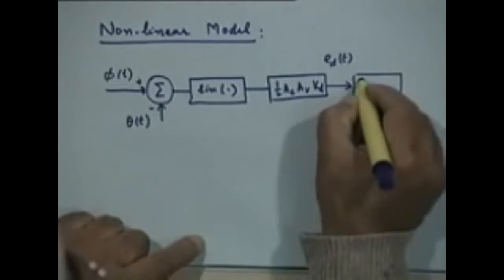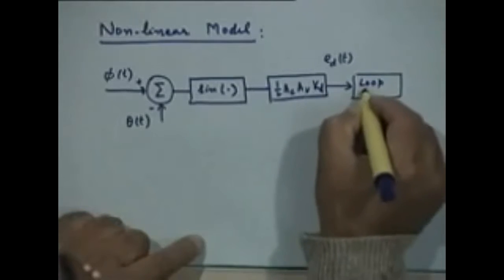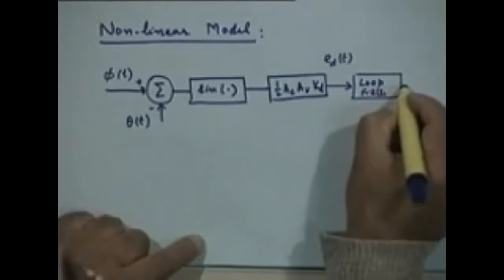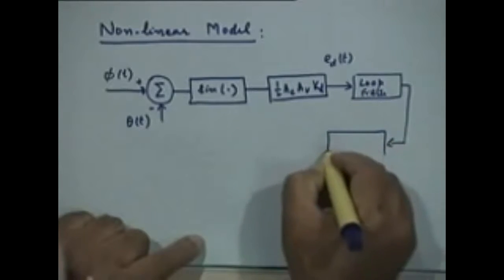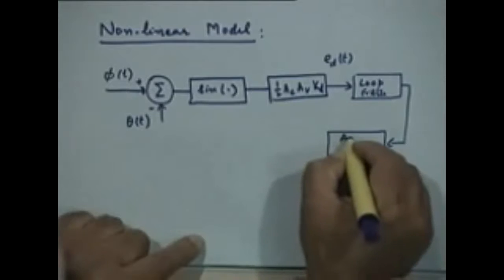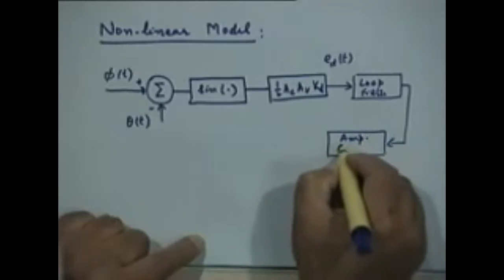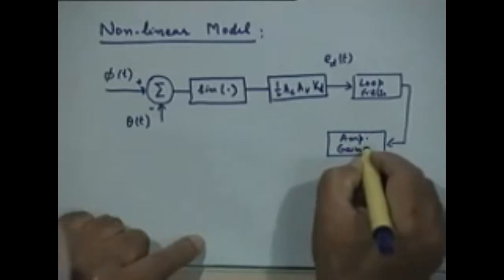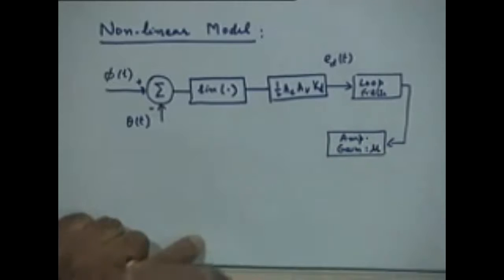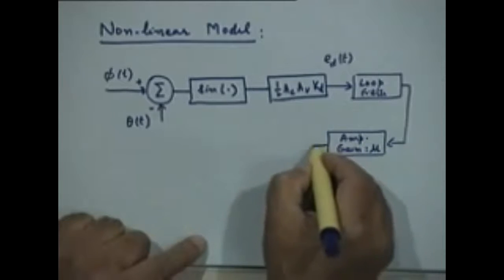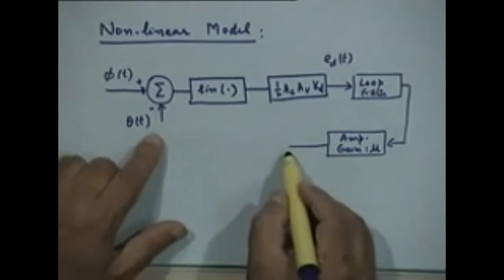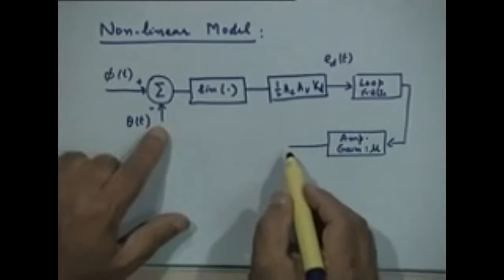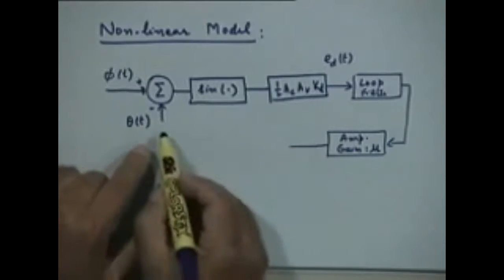Following this, you have the loop filter. The output of the loop filter goes to the amplifier. Let us say the amplifier has some gain mu, right, and now what should I put between this point and this theta t to close the loop, and how will the VCO be represented here?